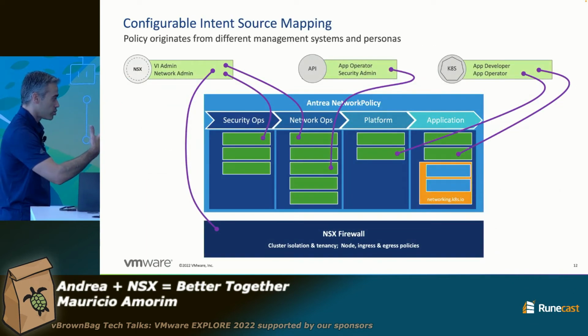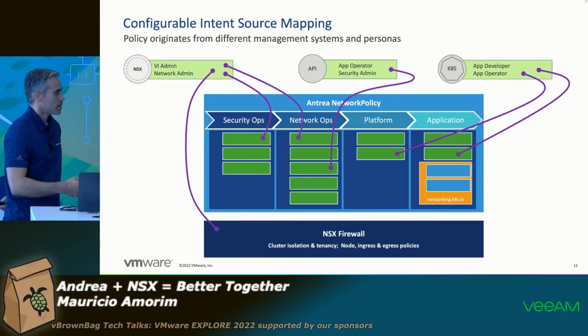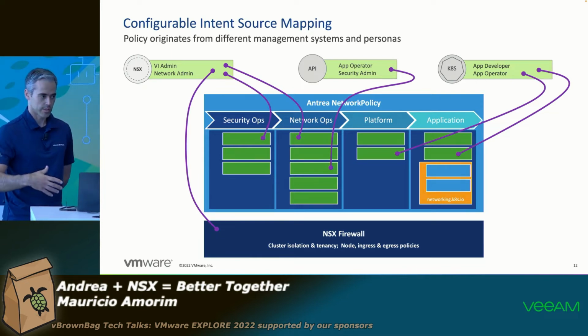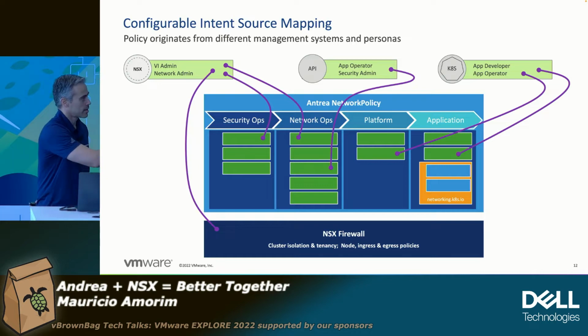Another thing is the Kubernetes network policies. Your developer usually applies them using YAML files, but you have many different security personas. You can have, for example, VI admins, who may already be administering the NSX. You have security admins that can manage different types of rules.